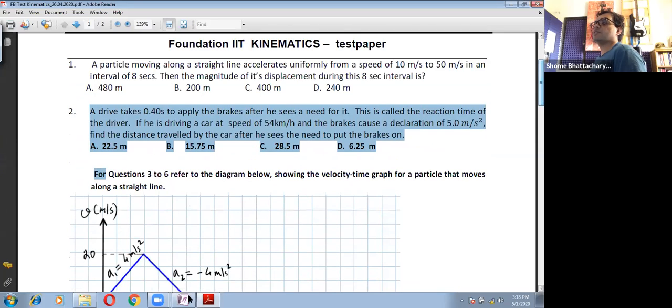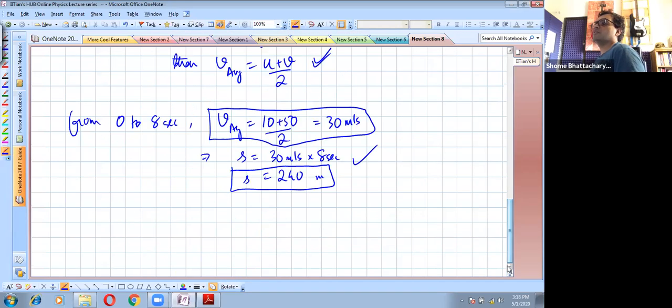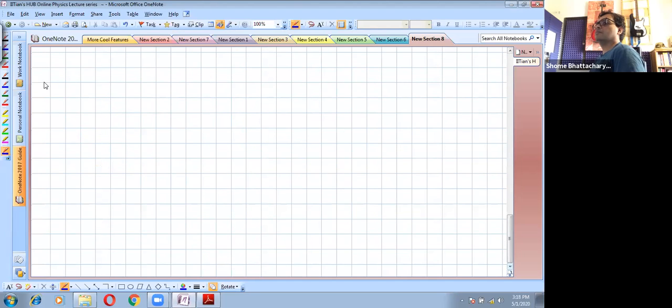Okay, so let's take a look at this question. What it is saying is that the vehicle is initially going at a constant speed of 54 kilometers per hour. First of all, let's convert that, because everything else is in meters. So that is 54 into 5 by 18, which is 15 meters per second.